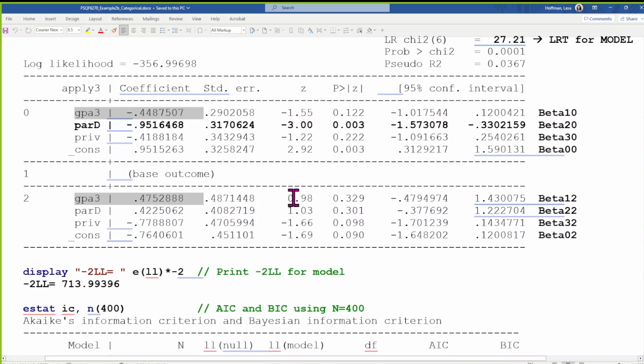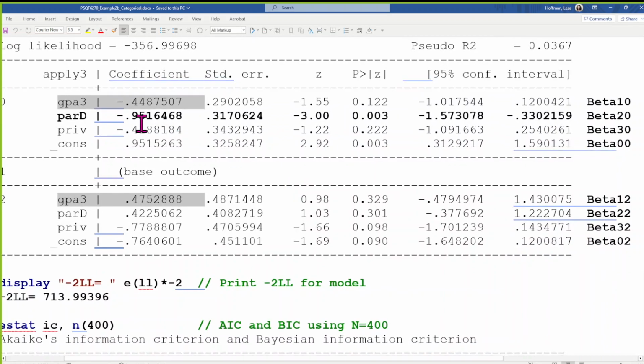But if I look at the absolute value of these, to me it looks like numerically GPA has a reasonably similar effect on the first submodel as it does on the second. But that might be something that you're interested in predicting. Does a predictor have more of a say in selecting one type of non-reference outcome than in another?